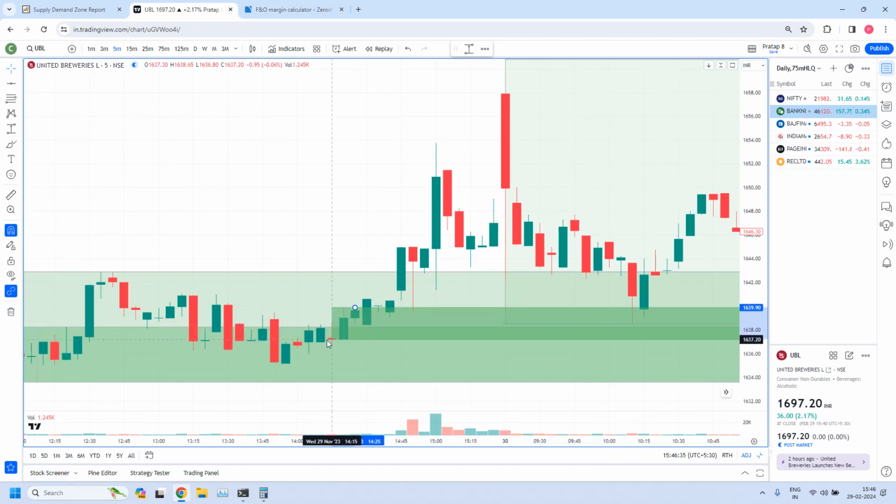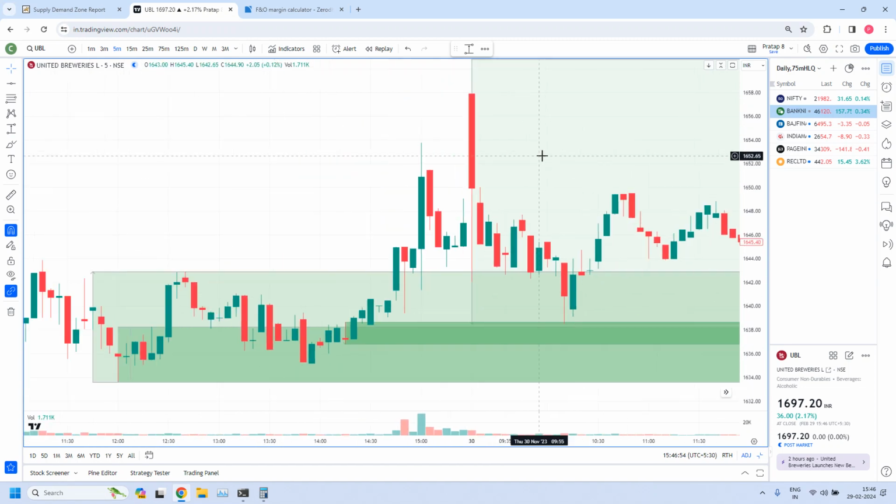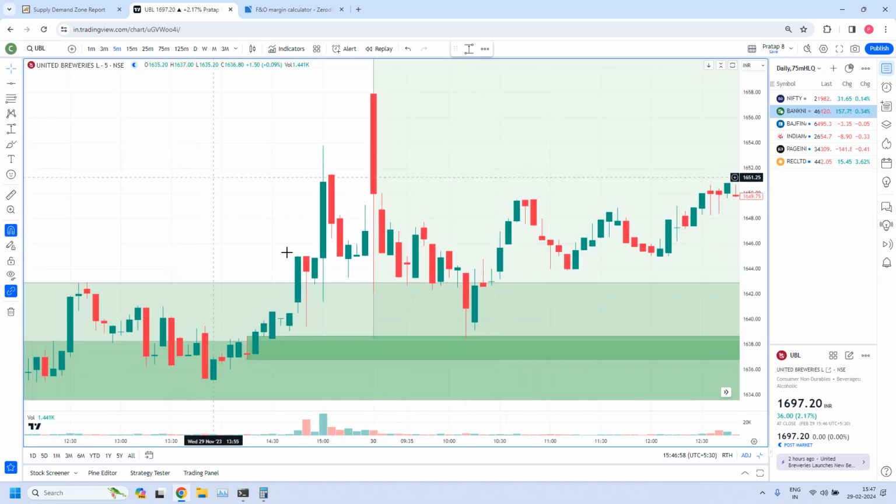Or maybe you can consider this is the one, drop base rally, probably. Drop base rally, but again it is tested here from this zone, picked up the orders. It's already picked up the orders, but multiple times it is picking up the orders. Maybe this could be acting as a bear trap, who knows? Maybe this zone can act as a bear trap.